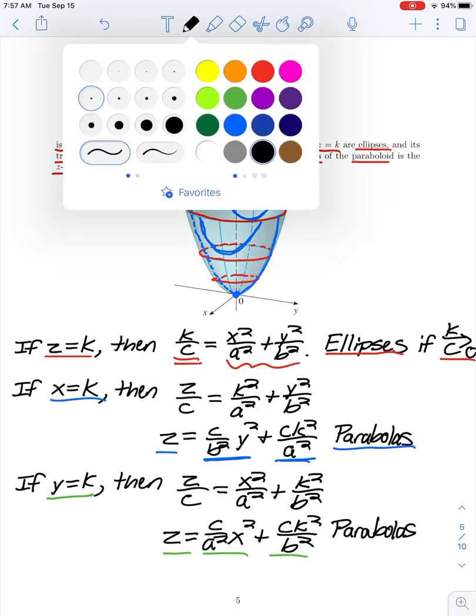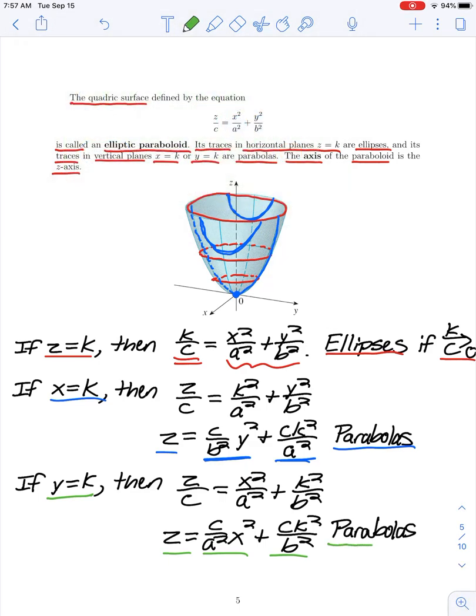So depending on what our value of k is, we would have different shape parabolas. Starting with the value k equals 0, if we're looking in the xz plane, we would have a quadratic whose vertex is at the origin. So we would have a parabola shaped something like this.